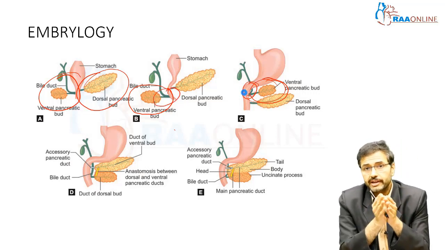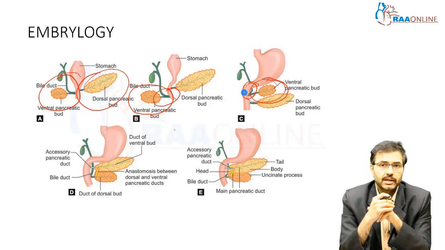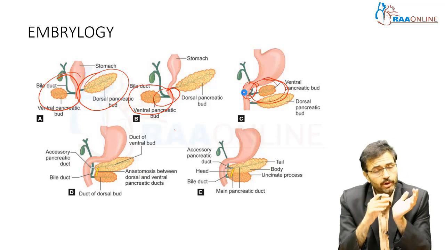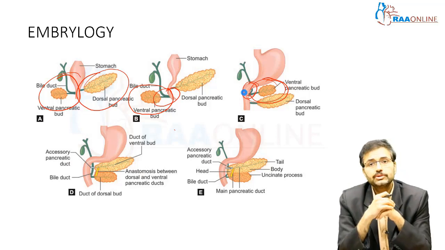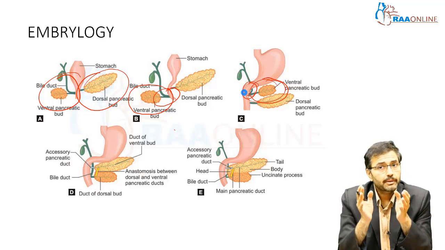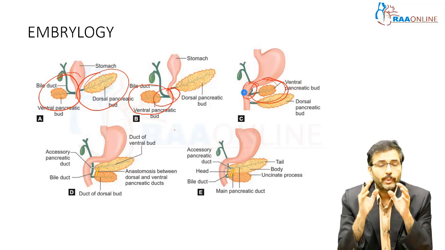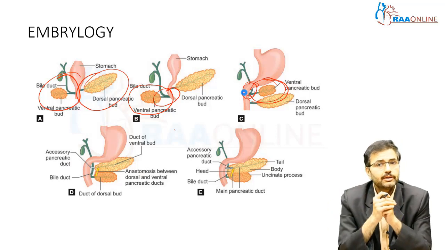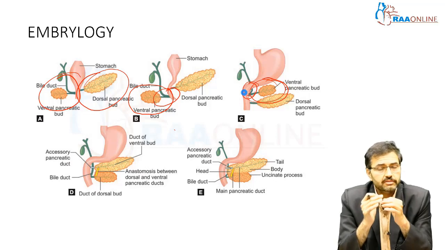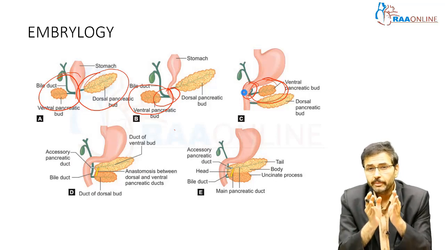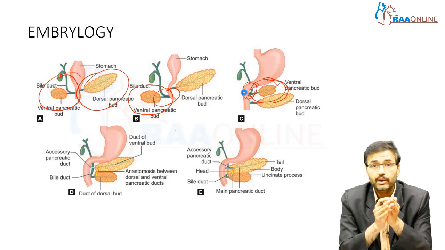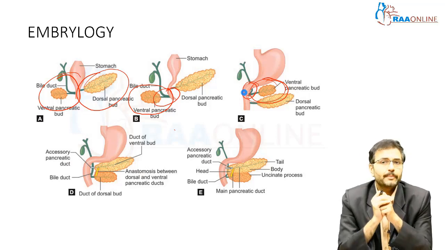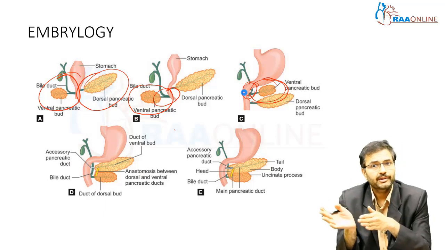There it fuses with the dorsal pancreatic bud to form a pancreatic mass. This formation of the pancreatic mass occurs by around the 7th week of gestation. This pancreatic mass gives rise to the future pancreas.